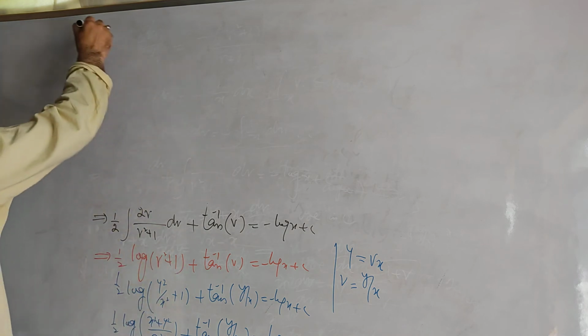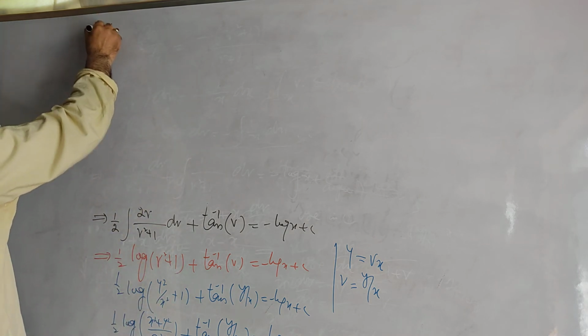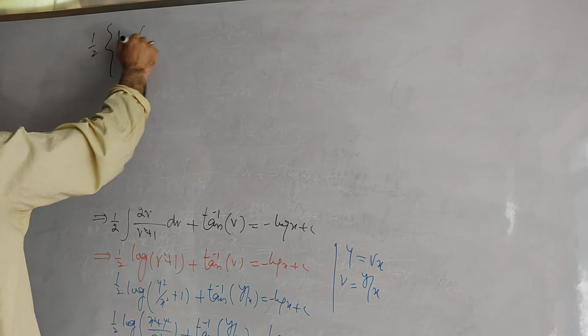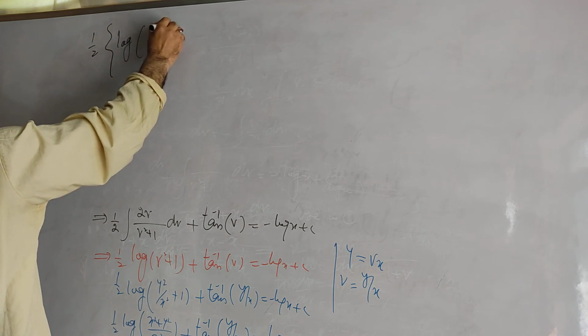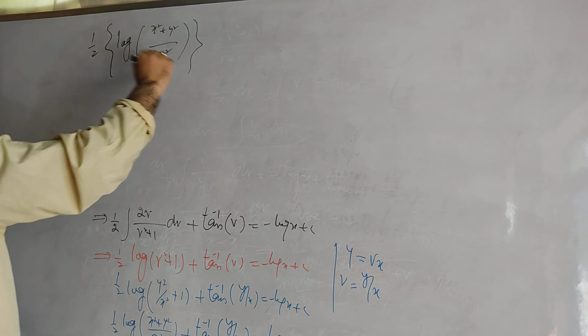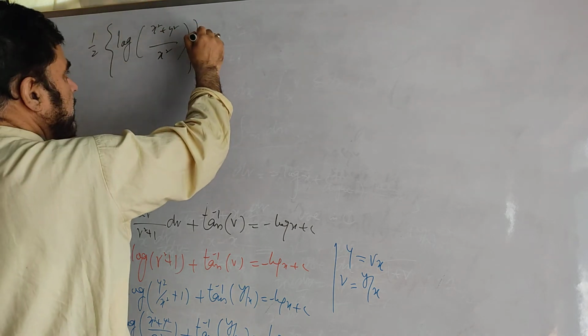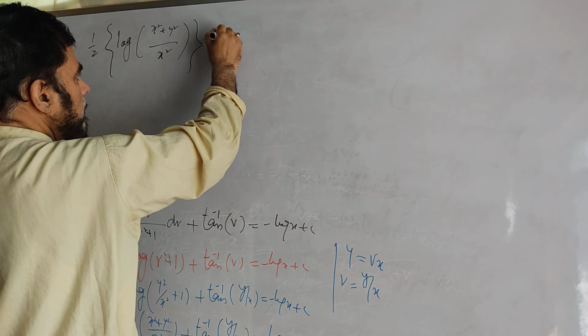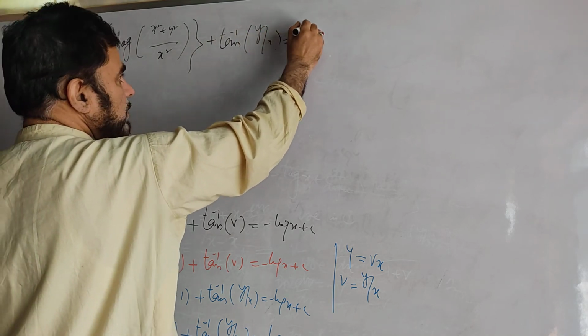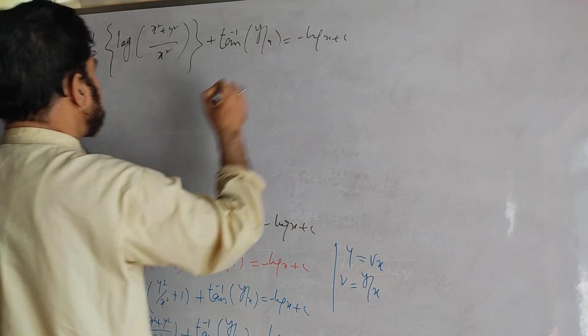Well, here you can write it is 1 by 2 log of x square plus y square by x square, then plus tan inverse y by x is equal to minus log x plus c.